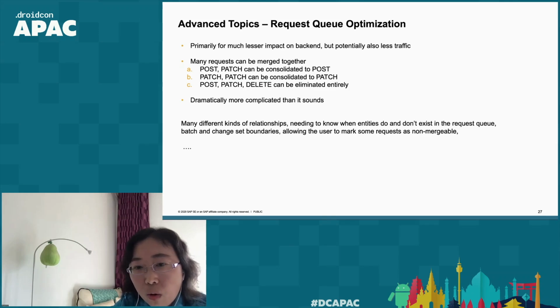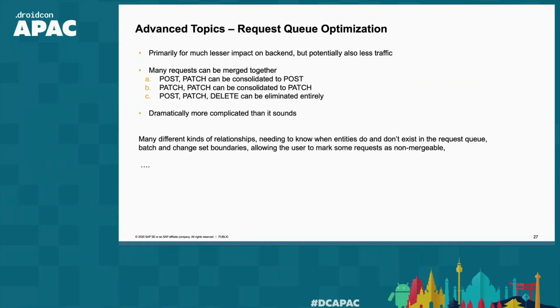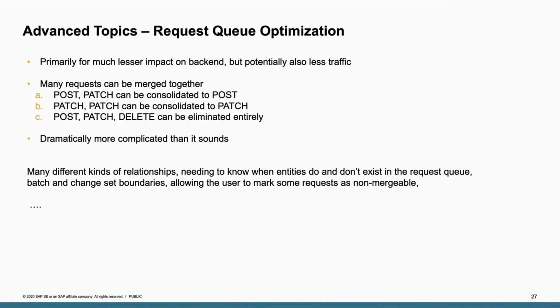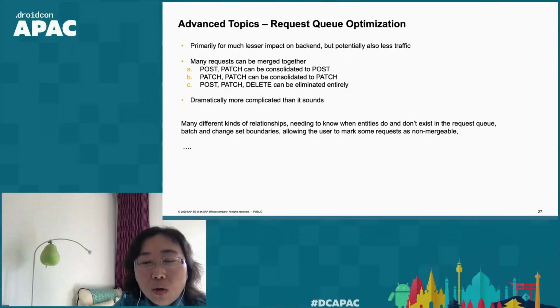Just to give you an example: if you have a workflow with a status field, you can mark it as non-mergeable, because even if you repeatedly change the status field, what counts is not just the last status but all the statuses along the way. This is the flexibility that allows the app developers to use this request optimization according to your business needs.